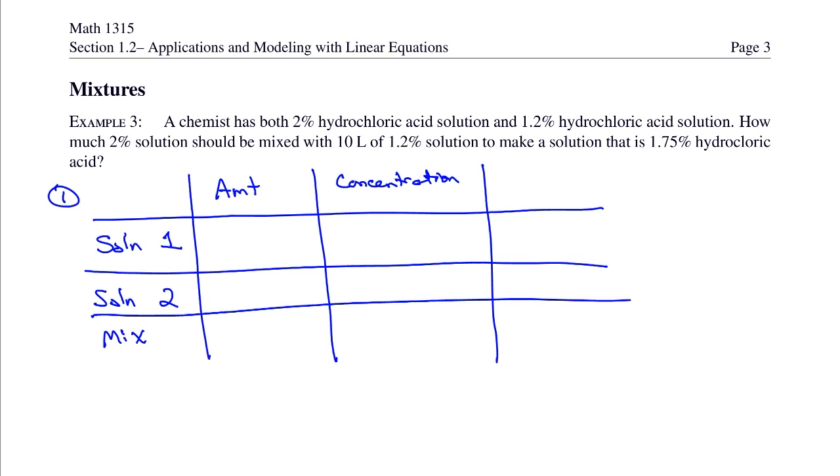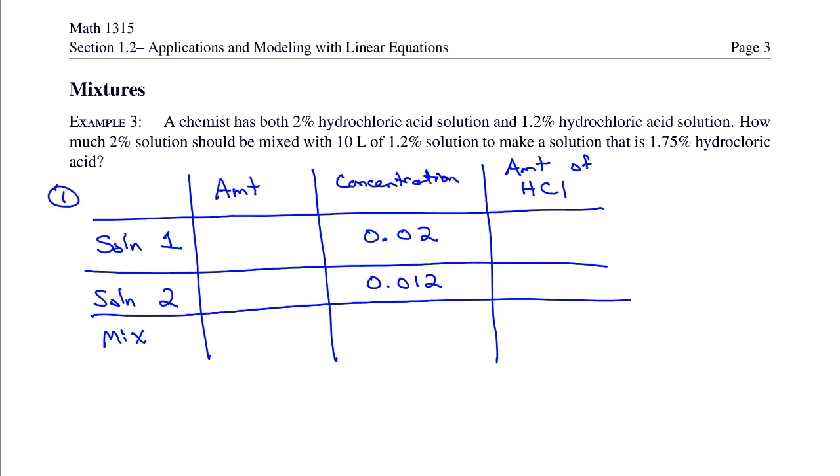In this case, it's the amount of hydrochloric acid. So we know that we have a 2% solution for the first one, so that's 0.02, and a 1.2% solution for the second one, so that's 0.012.